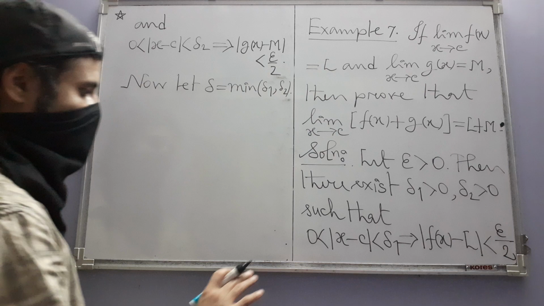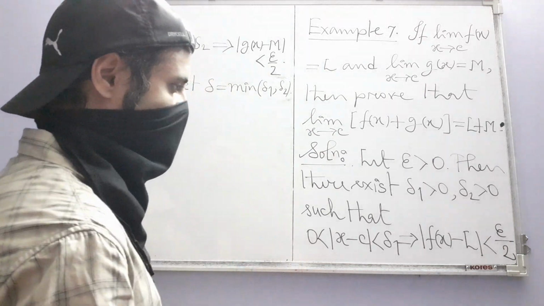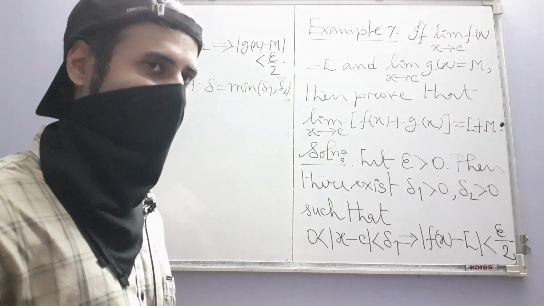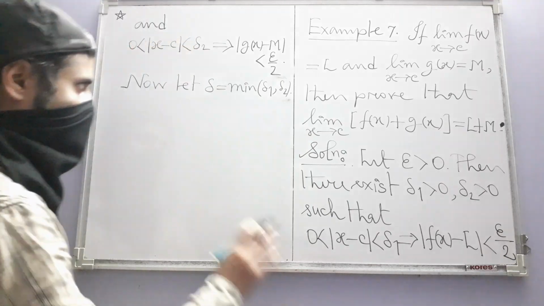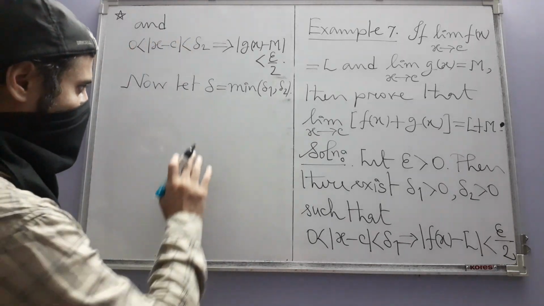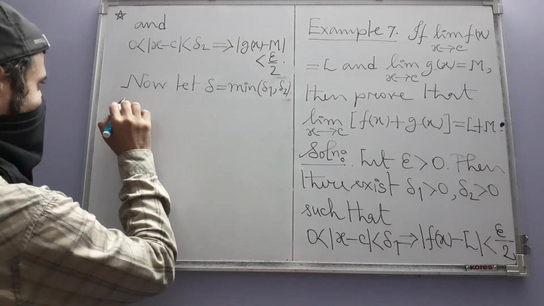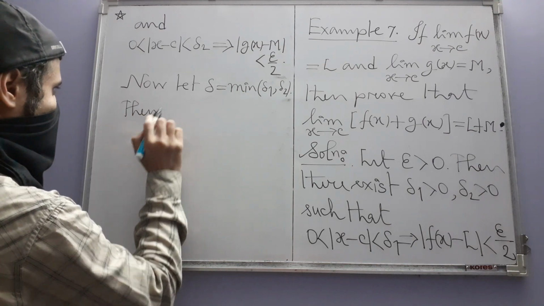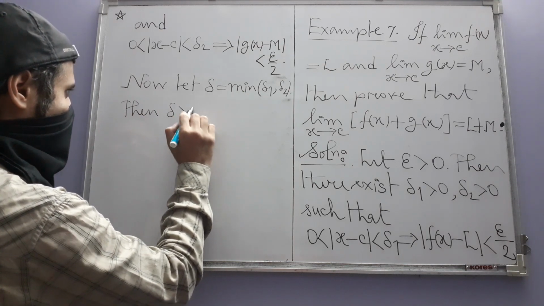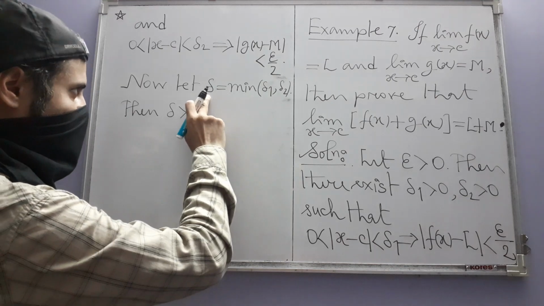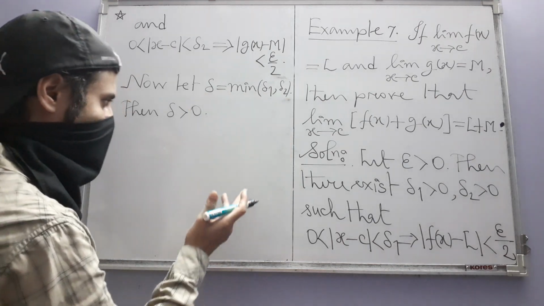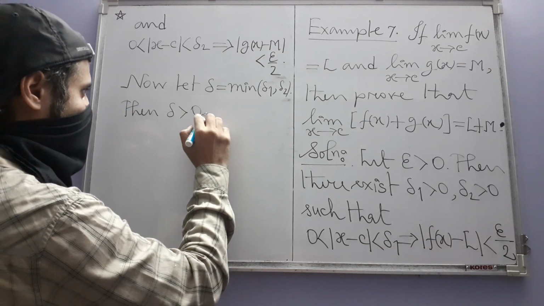You will see that in this kind of arguments you always go for a minimum of some given number of positive real numbers. Then delta obviously is positive again, because delta is either delta 1 or delta 2 and both of them are positive.